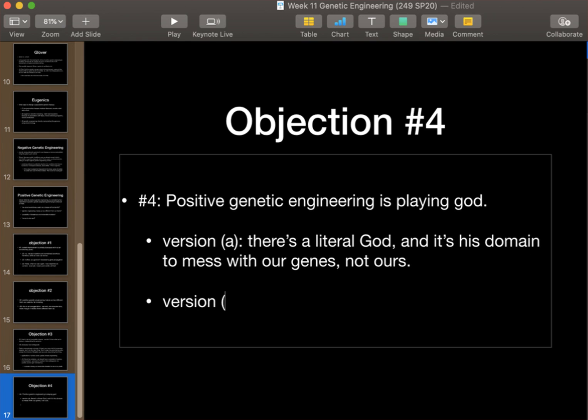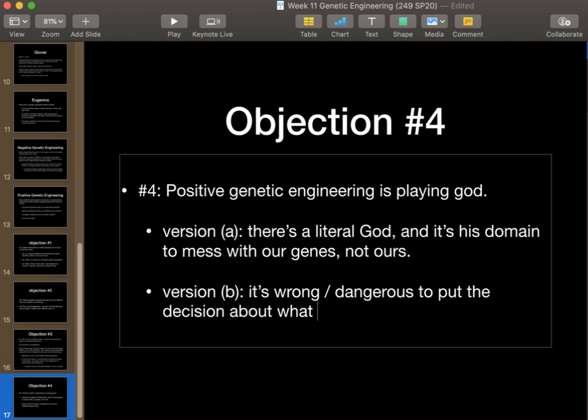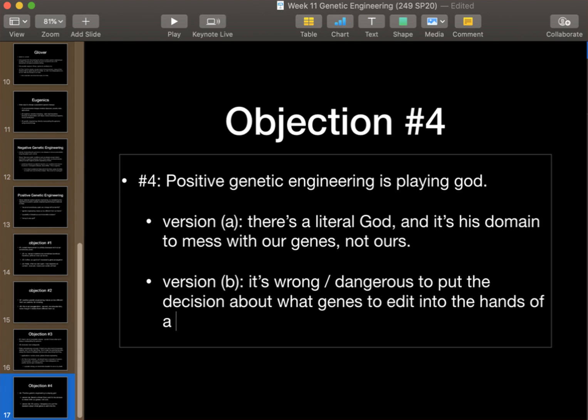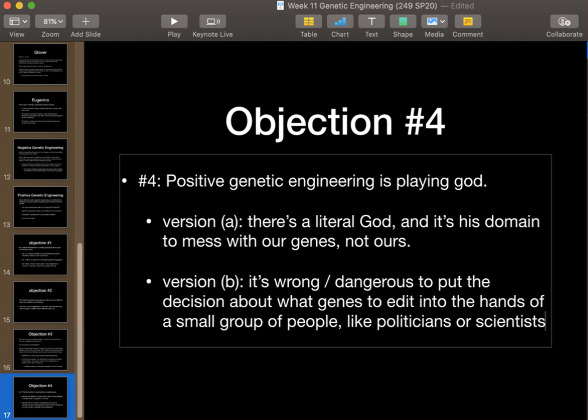Okay? Version B says it's wrong or dangerous to put the decision about what genes to edit into the hands of a small group of people, like politicians or even scientists.